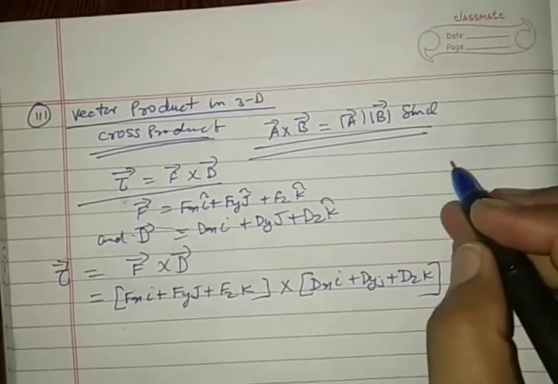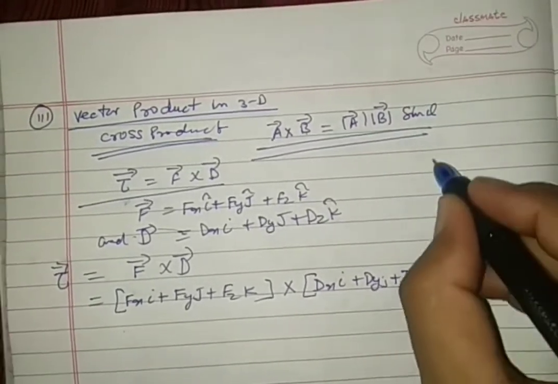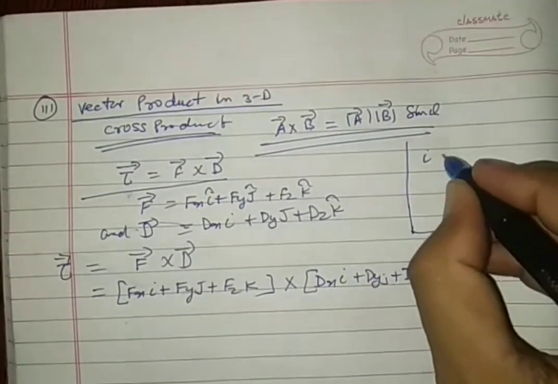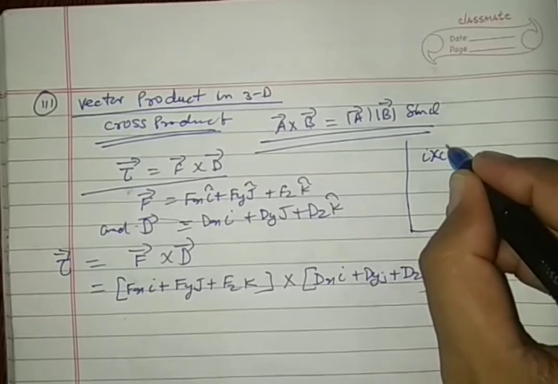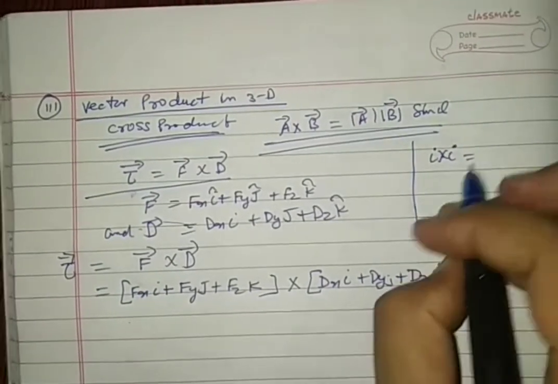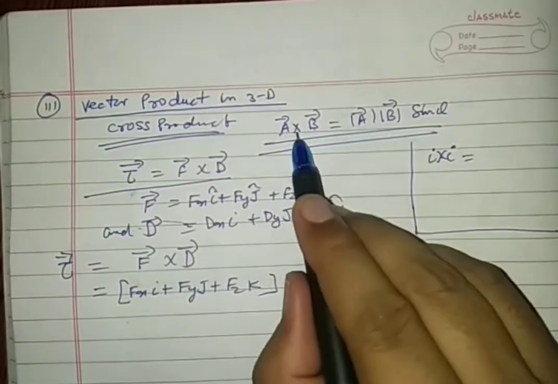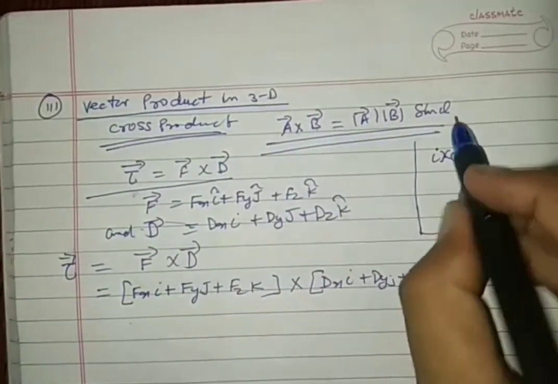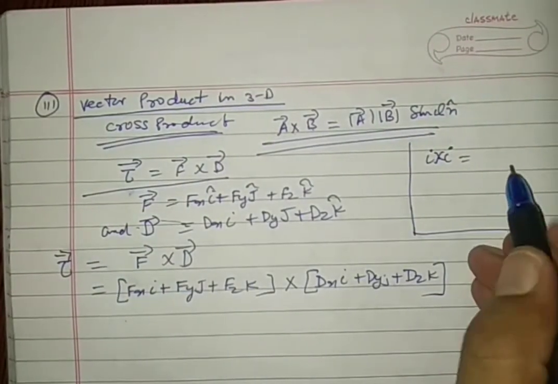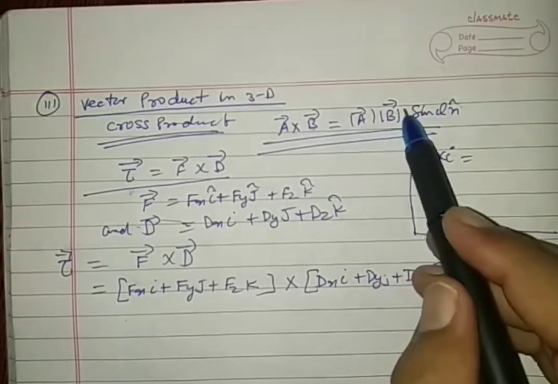See some formulas. i cross i. By the formula, a cross b is equal to ab sin theta. This is a vector quantity, then n cap, whose direction is perpendicular to the plane.